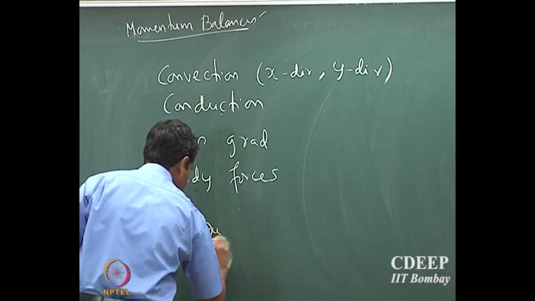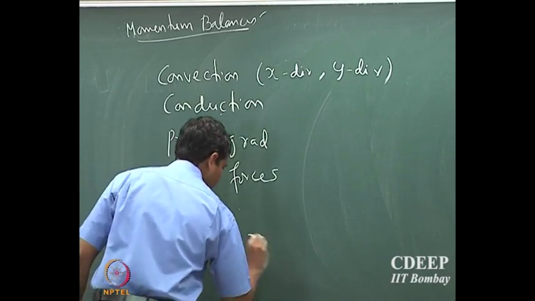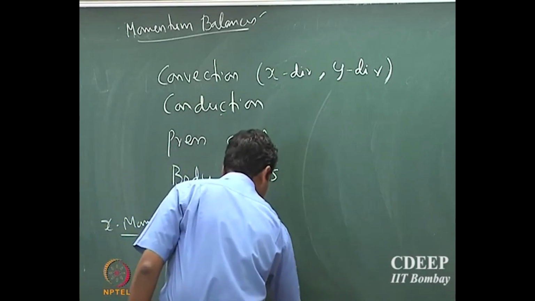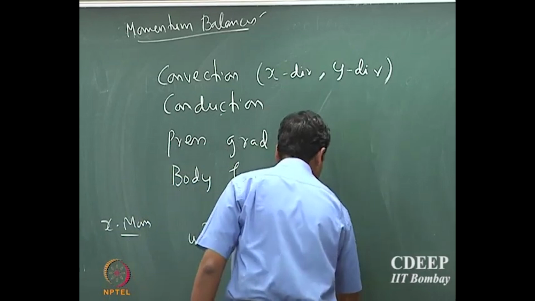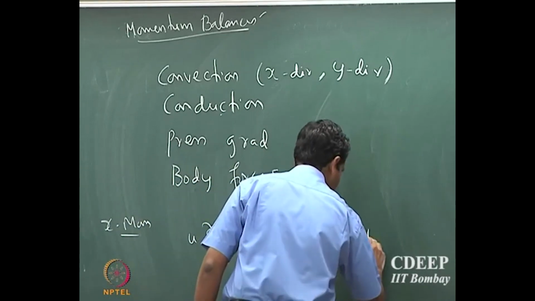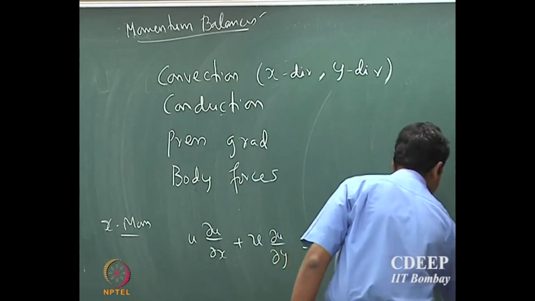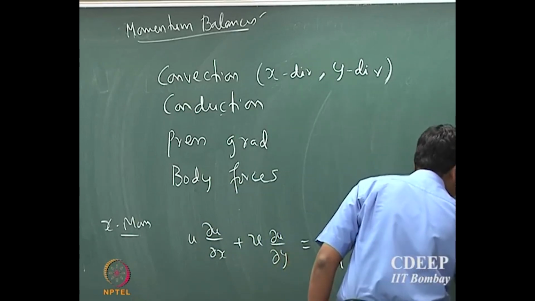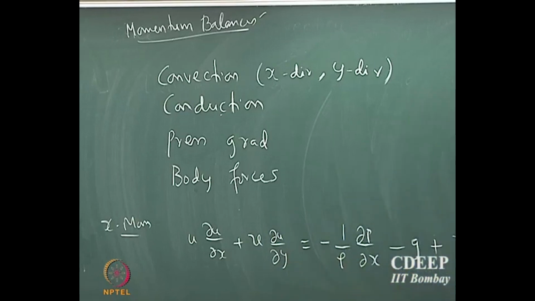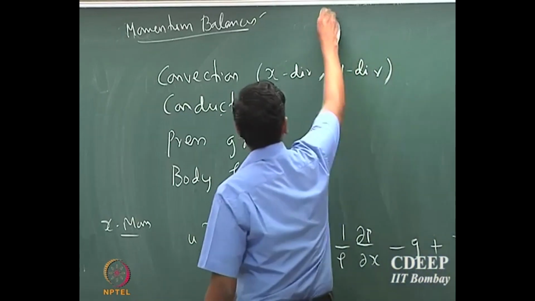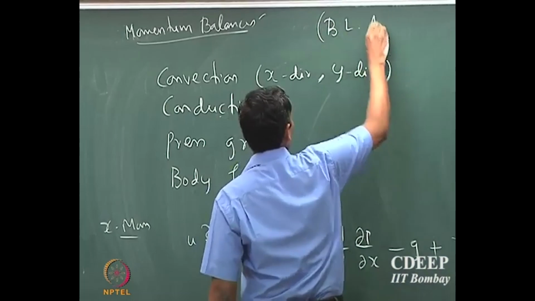U du by dx plus V du by dy, that is equal to minus 1 by rho dp by dx minus g plus mu into d square u by dy square. Now this is after assuming boundary layer approximation.